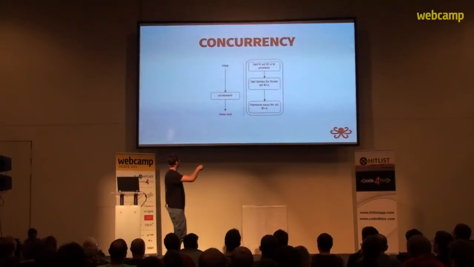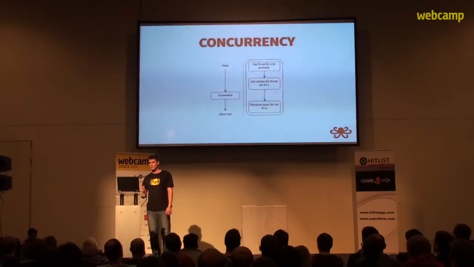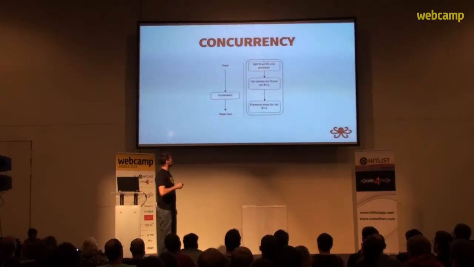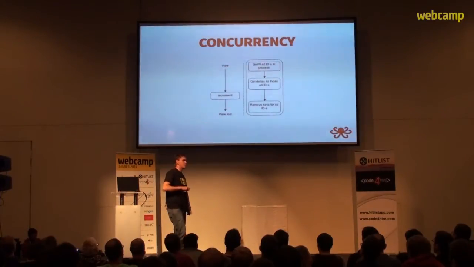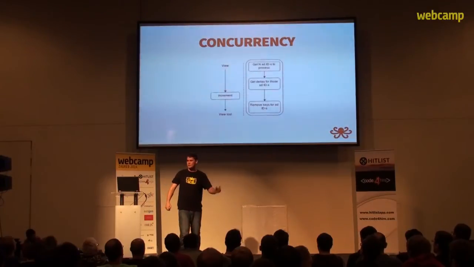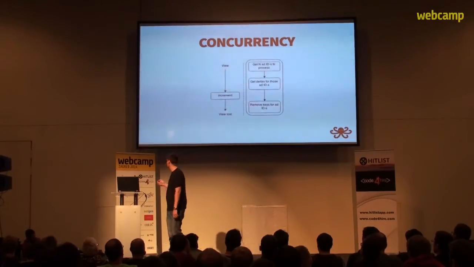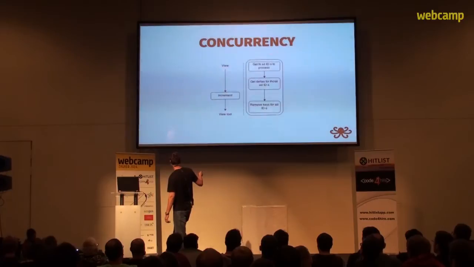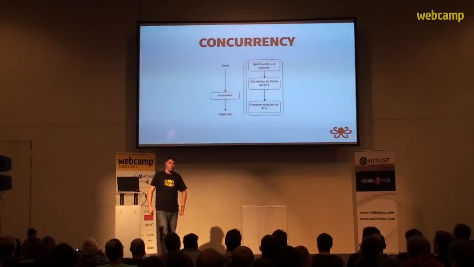So this is the concurrency problem. For example, this is a timeline of how we flush data. First, we get n number of ad IDs. For example, if you're flushing 10,000 ad IDs, then we get 10,000 ad IDs to process. Then we get the deltas for those IDs, and after that, those keys are removed.